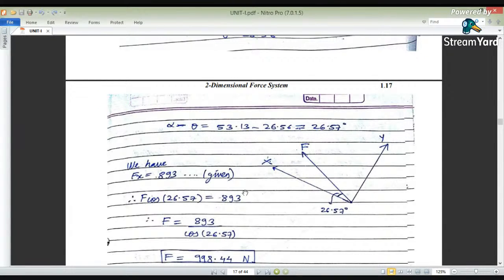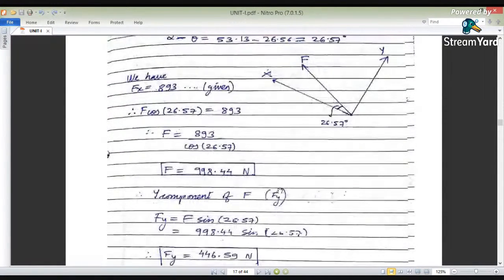Next, which things are given? Fx is given as 893, which is F cos theta. F cos theta equals Fx, given as 893. So how to find F? It is simple division: 893 divided by cos of 26.57. So we have calculated the force F as 998.44 newtons. Its Y component, Fy, is F sine theta, so F sine of 26.57.